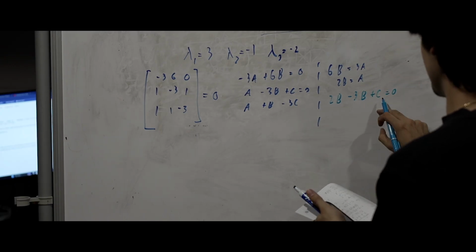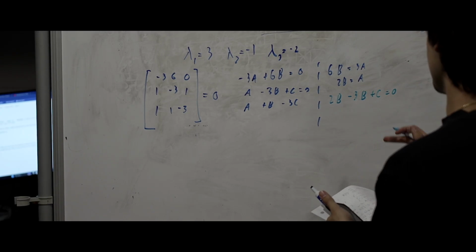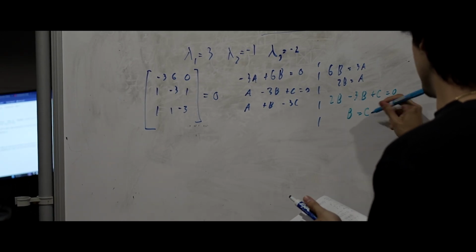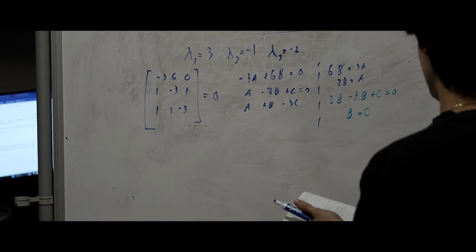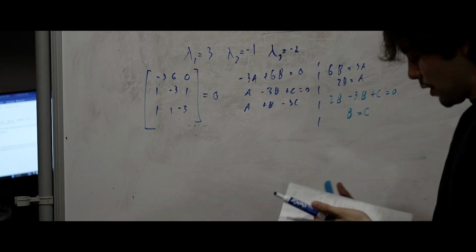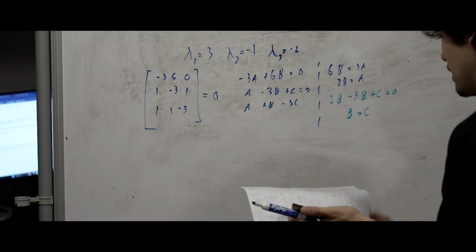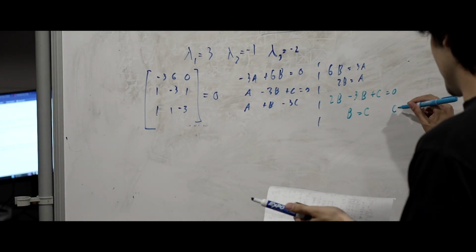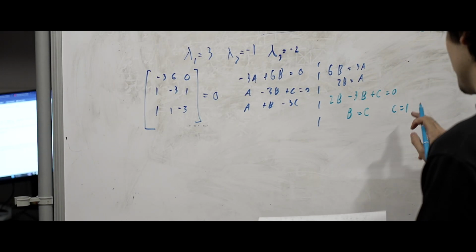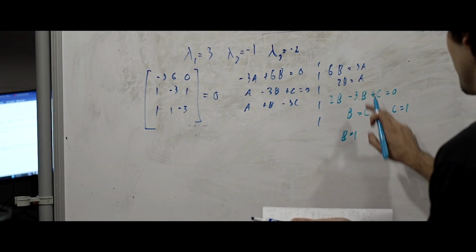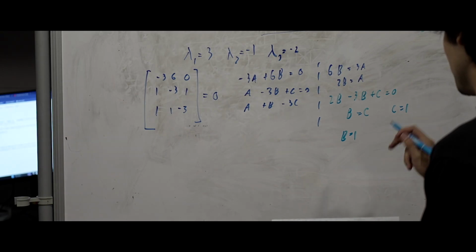So obviously 2 minus 3 is negative b. We'll move that c to the other side. So b is equal to c. Nice. Okay, so we kind of know everything right now, right? To make our lives easier, let's just say that c is equal to 1, right? So if c is 1, b is also 1. And then what makes a? A has to be 2.